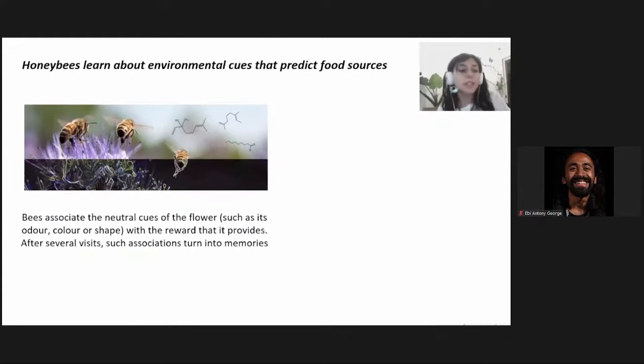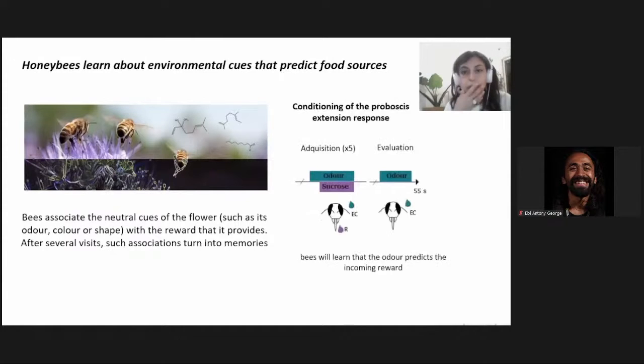When foragers visit a floral patch, they associate the neutral cues of the flower, such as its odors, colors, or shape, with the reward that it provides. After several visits, such associations turn into memories, which influence the orientation of the bees and their landing response, while it can also trigger discrete responses such as the extension of the proboscis.